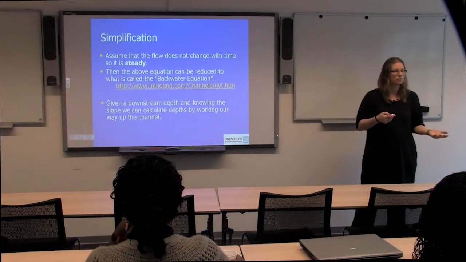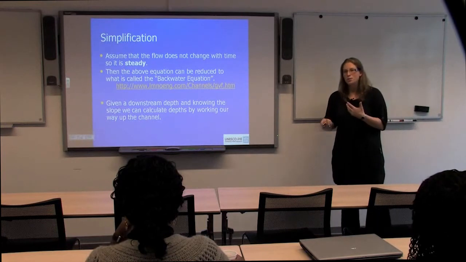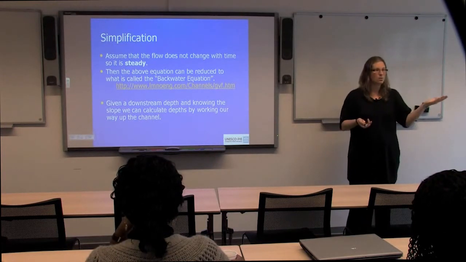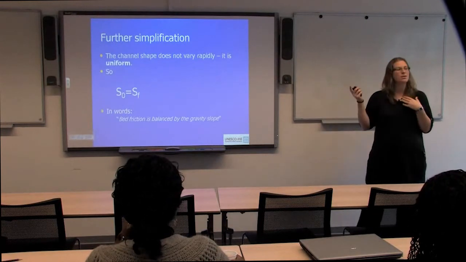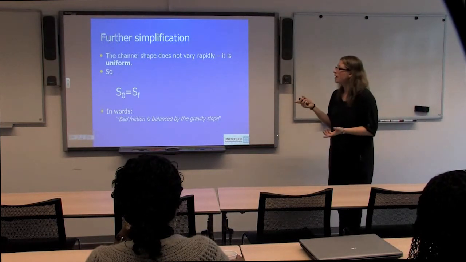That allows us then to plot a water surface profile. So that's a simplification. Depending on how complex we want to get, we can go from complex, we can simplify it, and actually we can simplify it even further.